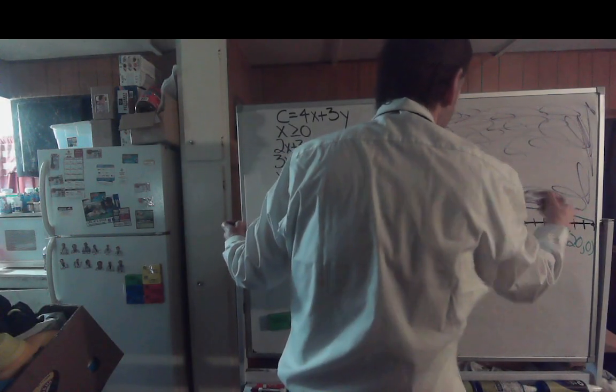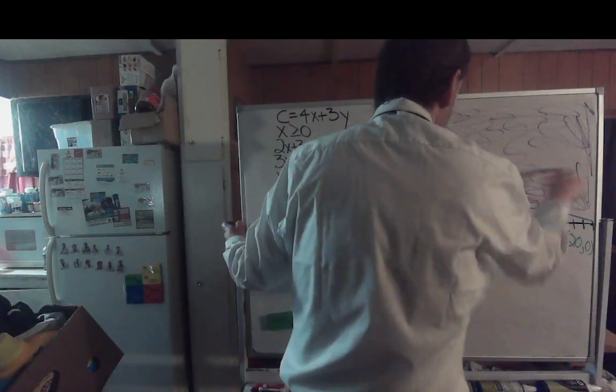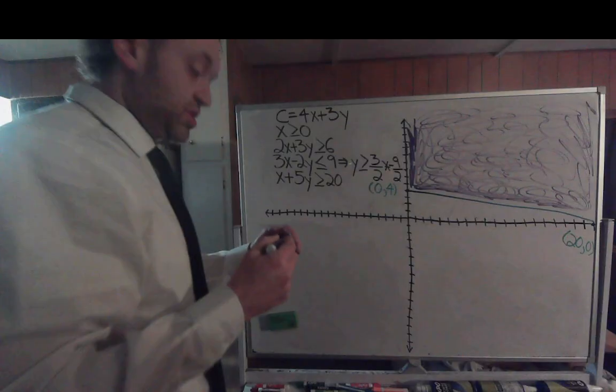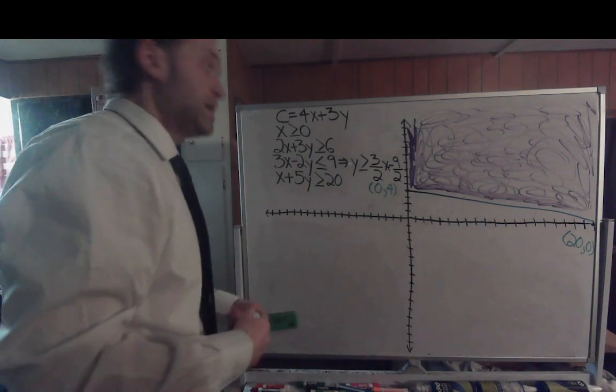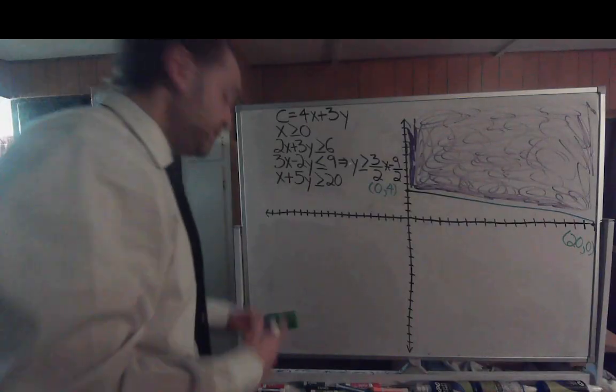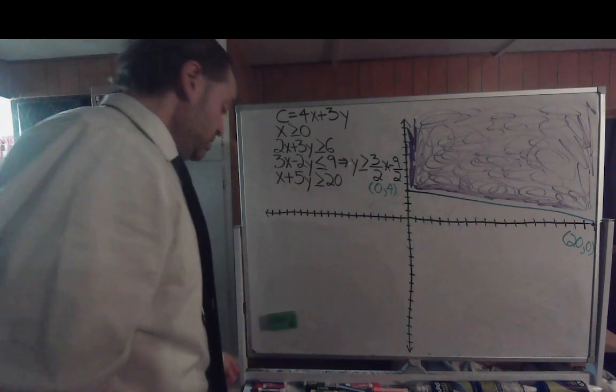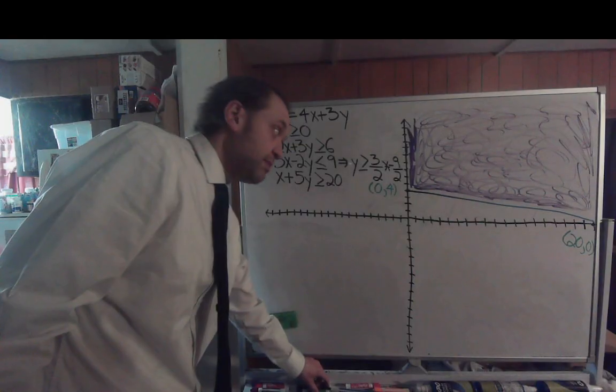And as you see, since we're shading everything up here above the x plus 5y is greater than or equal to 20, we're not going to be able to define the maximum value because it keeps going up and up infinitely. But we can sure take a crack at the minimum value.